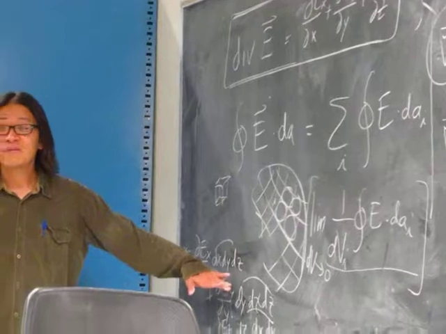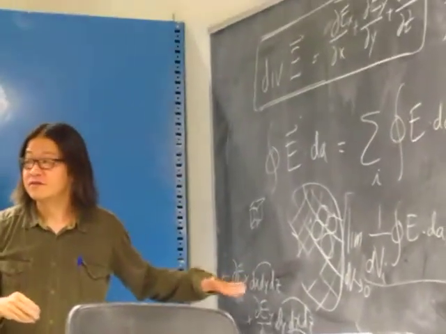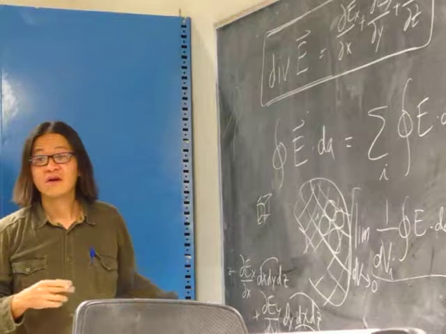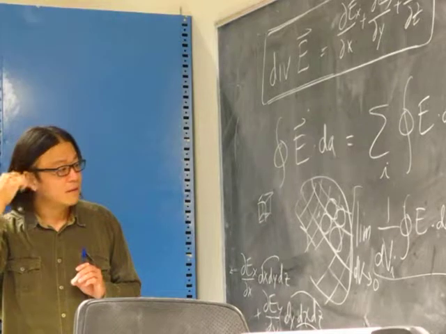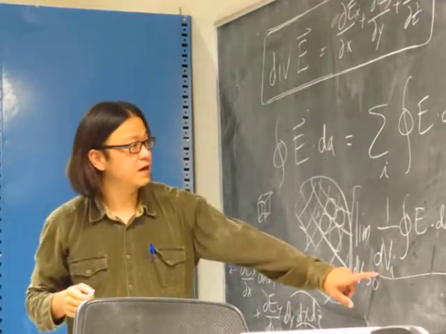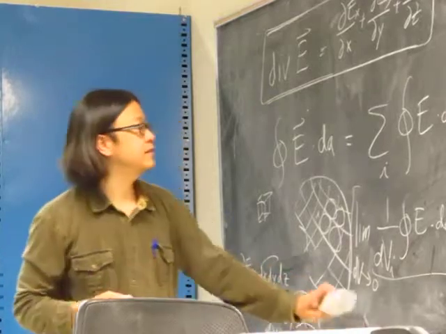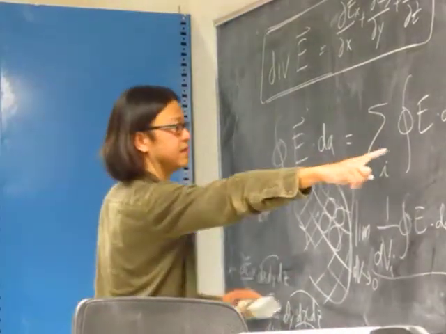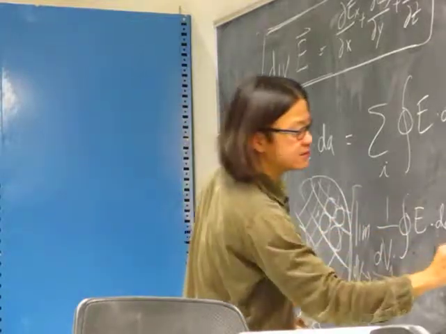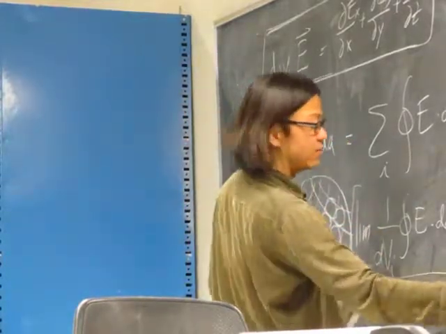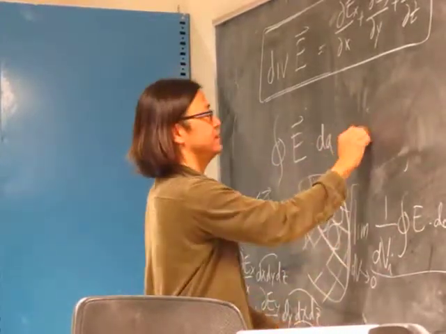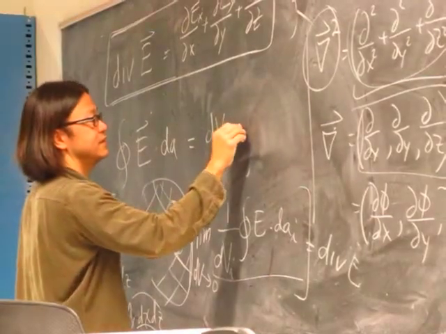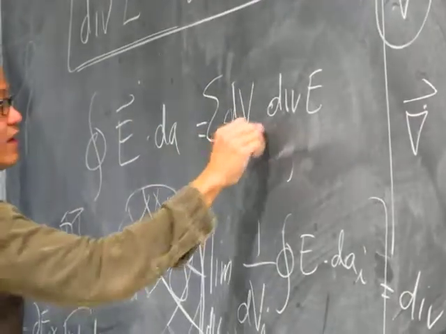If this is confusing, follow the line by line derivation in the notes. And why in the first place do you want this? Because I want to express this integral here, and if the divergence of E exists, then this expression becomes dV times divergence of E, summed over i.